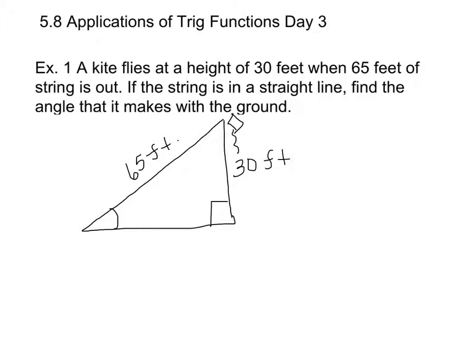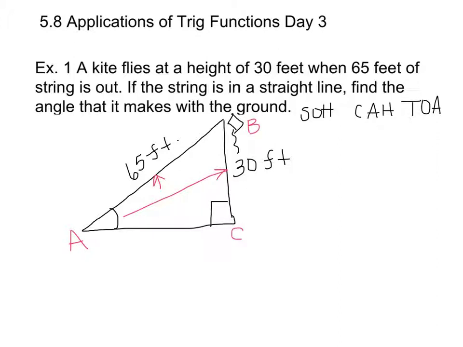And then you look at which sides are labeled to tell you whether or not you're going to use sine, cosine, or tangent. And according to this angle, we have the opposite side and the hypotenuse. And the only trig function that will help us is sine. And you can just label this A, B, and C.